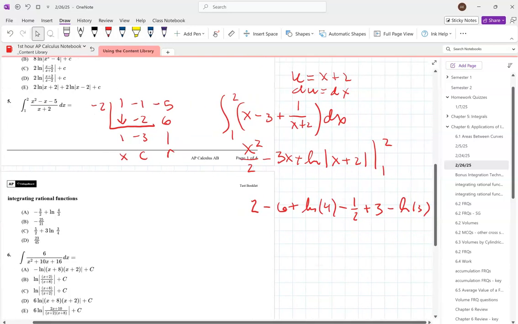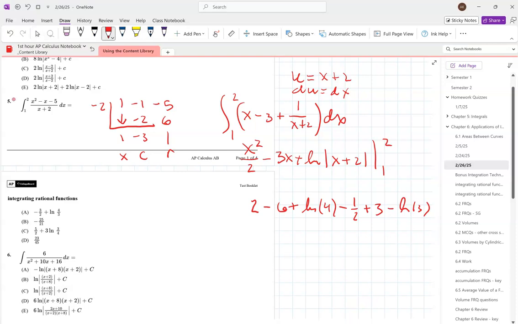And then from there, we're just going to be combining some like terms. So we have 5, and then minus 1, and then minus 1.5. And then log of 4 minus log of 3. I know I can use my properties of logarithms to rewrite that as a quotient. So that gets me to A.